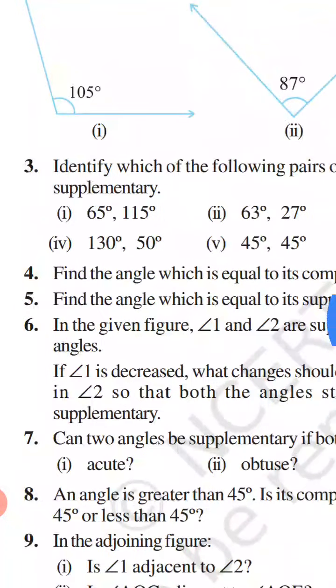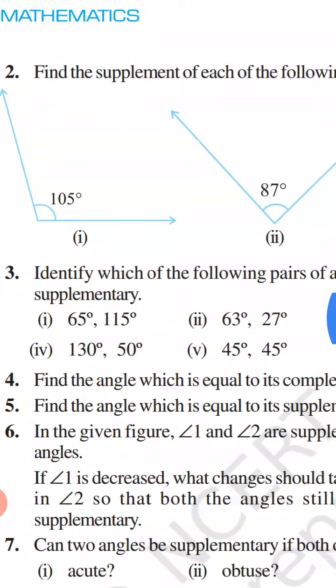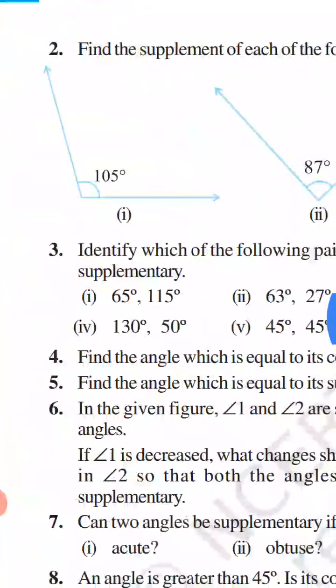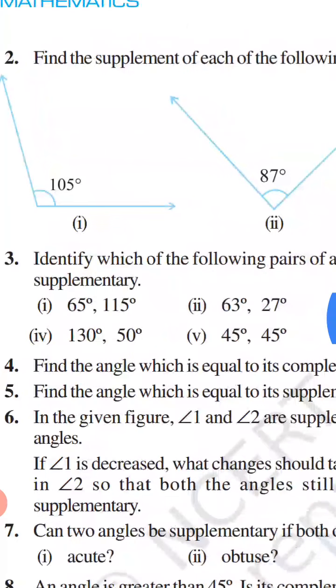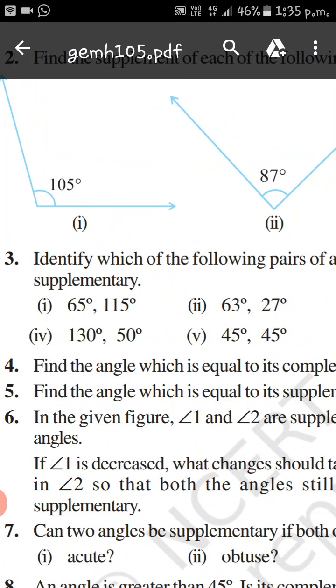Now in question number 2, find the supplement of each of the following. So you have to subtract 105 from 180 degree, you get 75 degree. Similarly, when you subtract 87 degree from 180, you get 93 degree. So these are the supplementary angles.